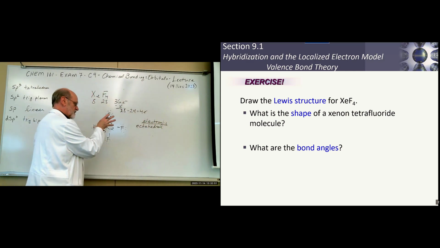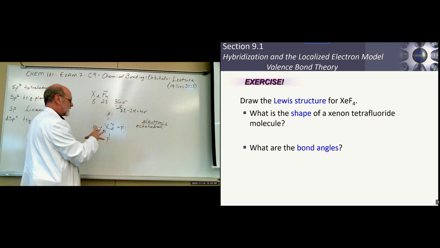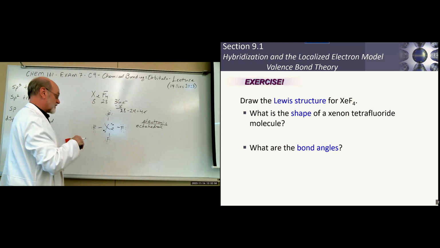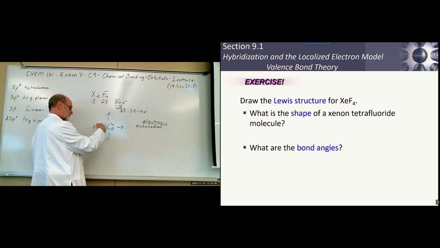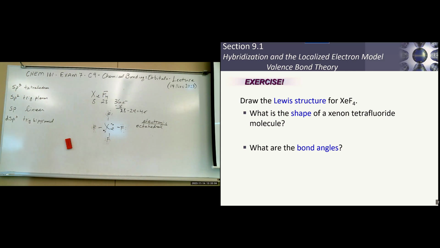What goes into the electronic configuration of a molecule? All right, so how do we get 6? How do we hybridize xenon to get 6? Well, we go back to the D. So now we need D2sp3, making 6. So this is octahedral.